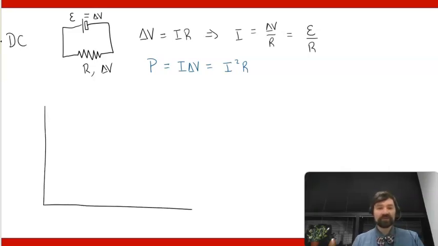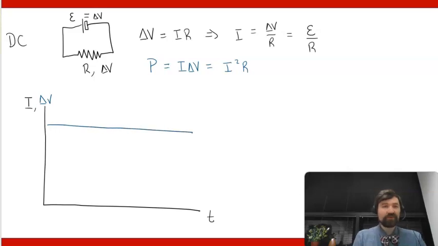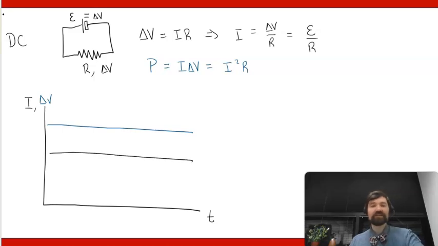DC output essentially means that we have, let's say, a current versus time and a voltage versus time for the element, and both of them are basically just flat horizontal lines. They're not varying in time, they're not fluctuating. There may be very small fluctuation, like less than 1% of this signal, for example, but we can treat them as constant.